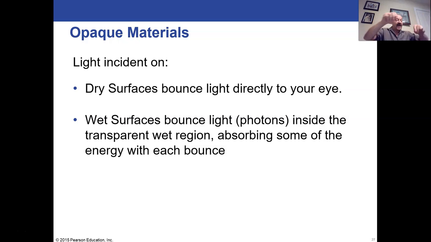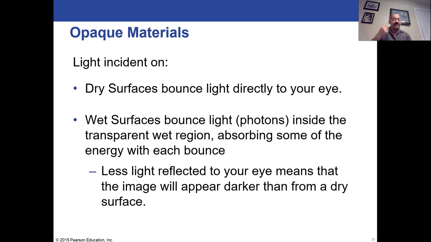And because there's bouncing, every time there's reflections in the water, some of it's absorbed. Remember I said a small percentage is absorbed, but if you have all these bouncing before it comes out and comes to your eyes, you're going to lose light every time. And as a result, the light that comes to your eye is less light. There's less intensity of light reaching your eye. And this is why every time you look at something wet, it looks darker.